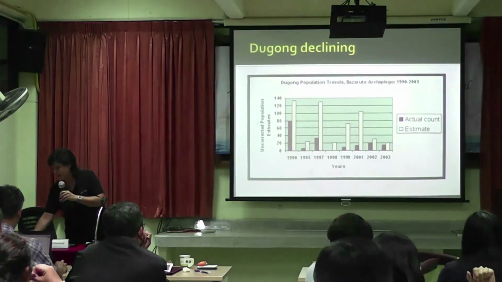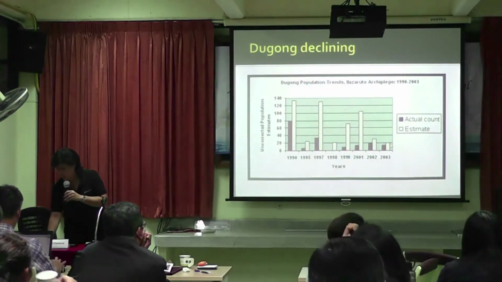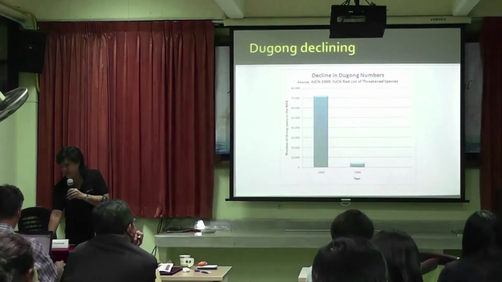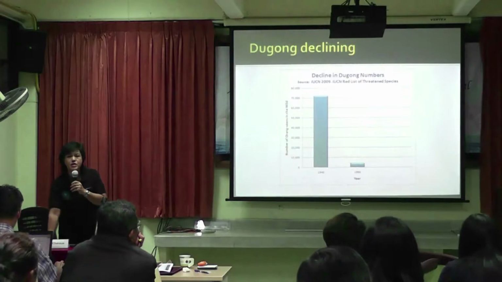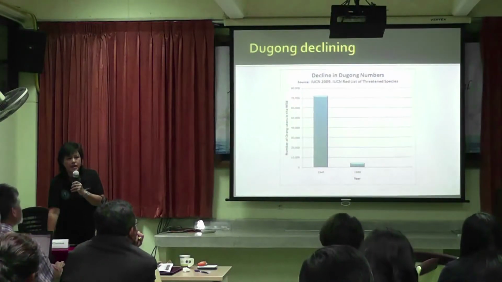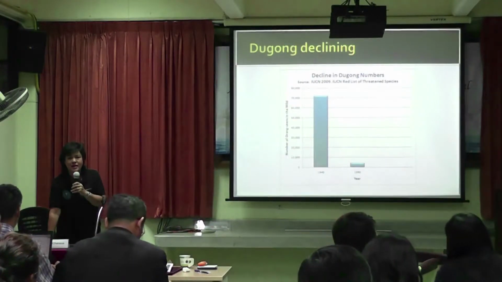So this is the number of dugongs left, almost at the base level, less than 20. As you can see, the number is going down very, very fast, because the dugong takes a very long time to breed, a very long time to grow up to be an adult, a very long time to be pregnant, and is very fast to die.